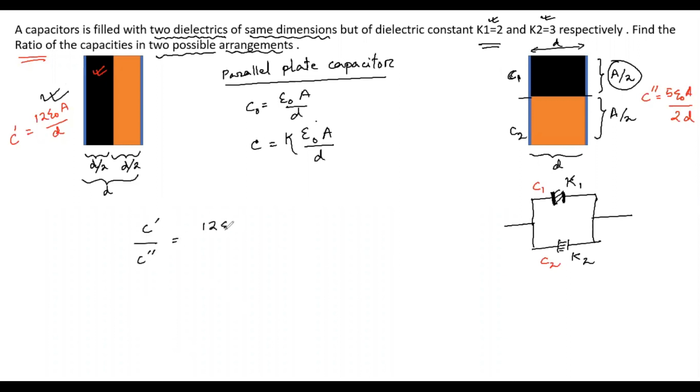So 12 epsilon naught A by 5d, multiplied by 2d by 5 epsilon naught A. Let me do the cancellation. So it's 24 by 25.